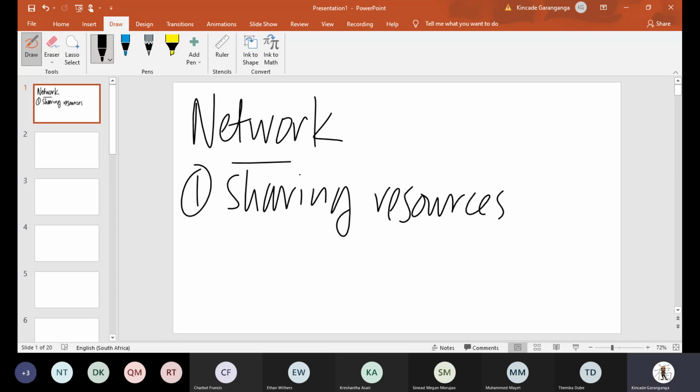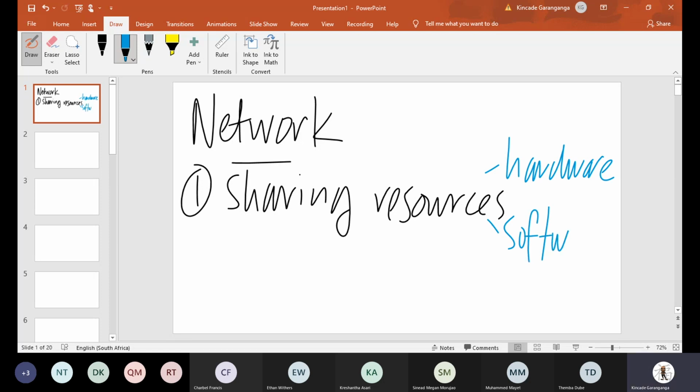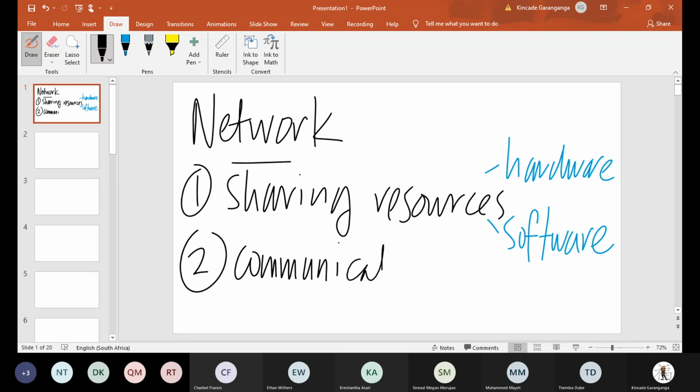And remember, these resources can either be hardware or software related, whichever way you want to look at it. And then secondly, what you're distinctively looking at is just basic communication. So that's the basic concept of what a network is all about.